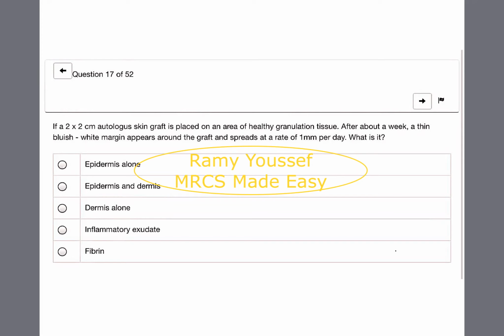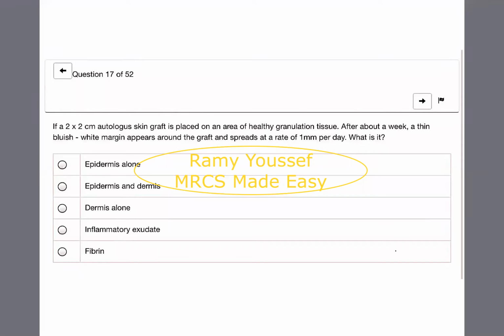If a 2 by 2 centimeters split skin graft is placed on an area of healthy granulation tissue, after about a week a thin bluish white margin appears around the graft and spreads at a rate of 1 millimeter per day. What is it? Epidermis alone, epidermis and dermis, dermis alone, inflammatory exudate, fibrin. It's part of the normal tissue growth and wound healing by skin grafts.